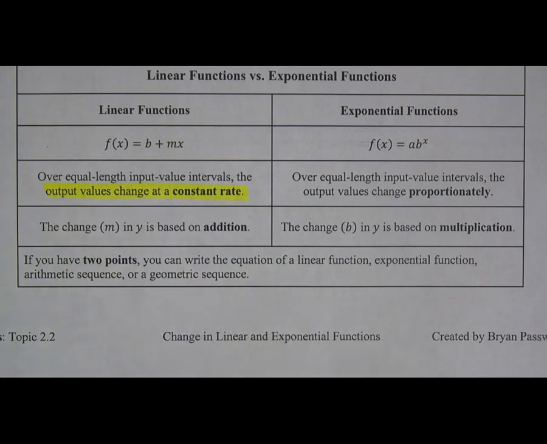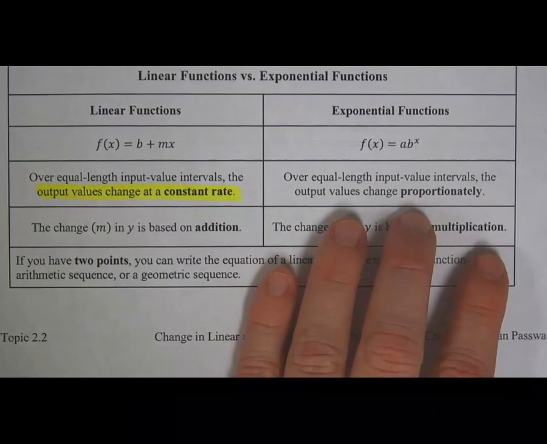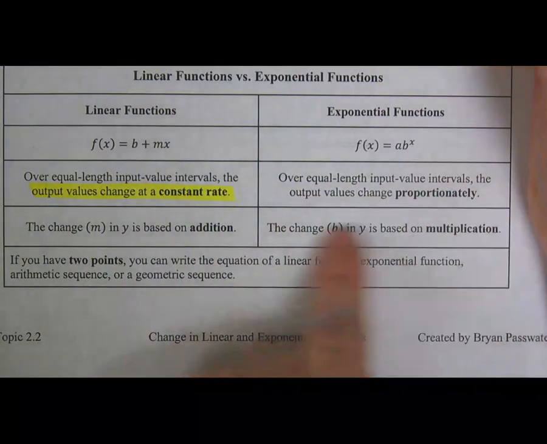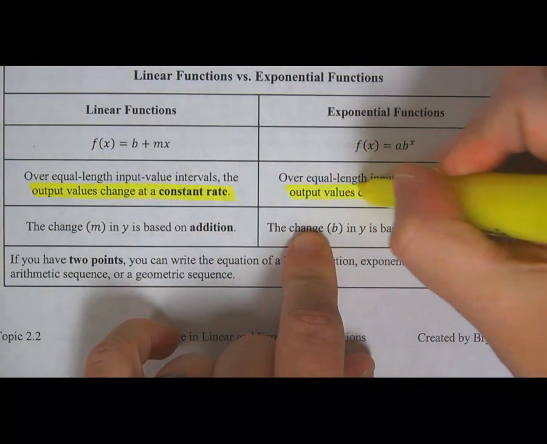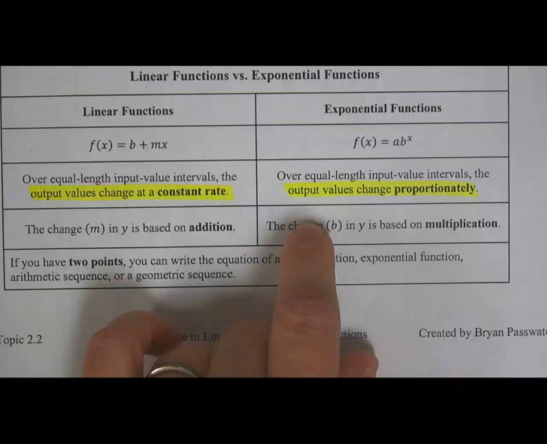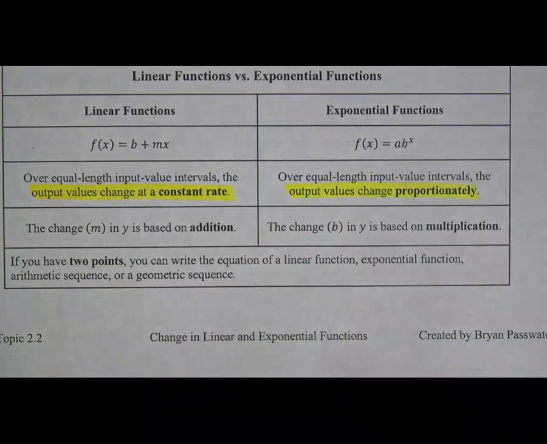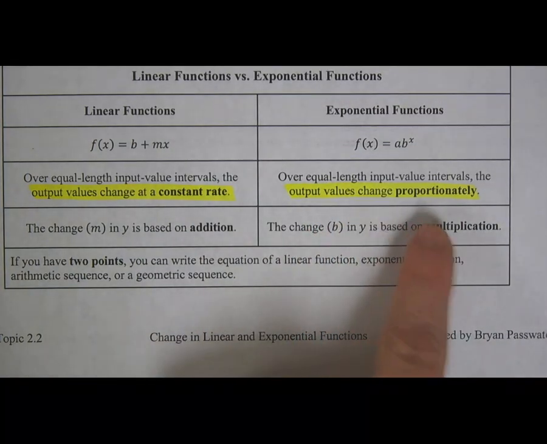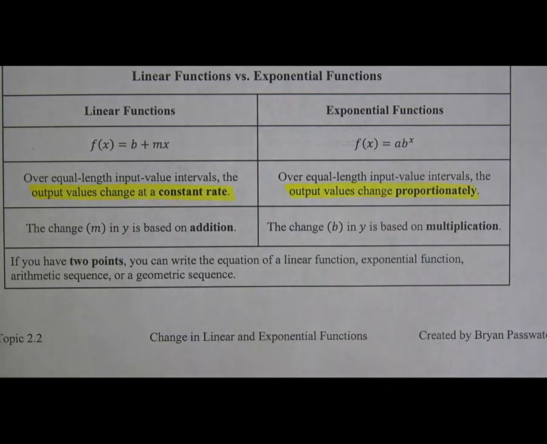What's going to be new information for you as of today, look over here for exponential functions. If you see a table of values and the x's are all going up by the same amount and the output values change proportionally, and to you, that just means, am I multiplying by something every single time? If you are, the way that you write that in words is the output values are changing proportionally. Then that's an exponential function that you see.